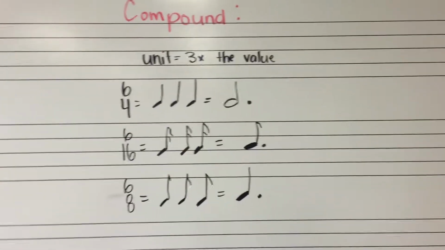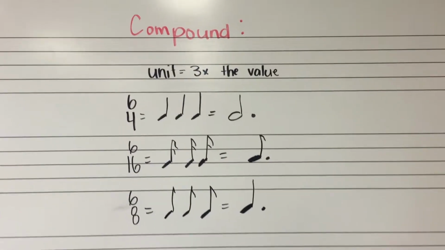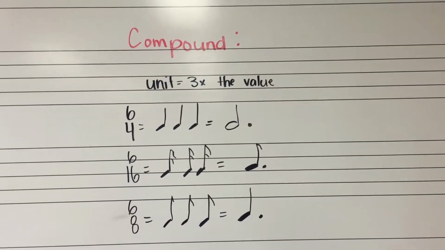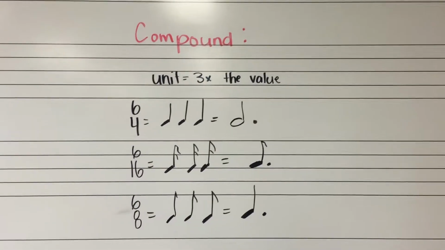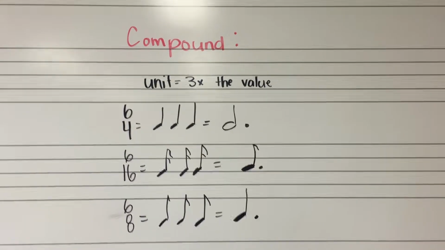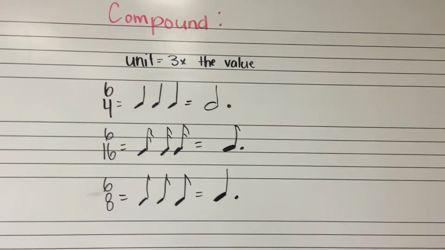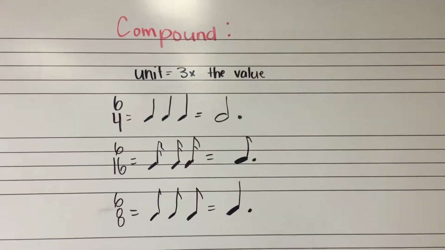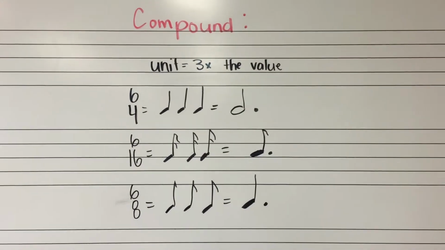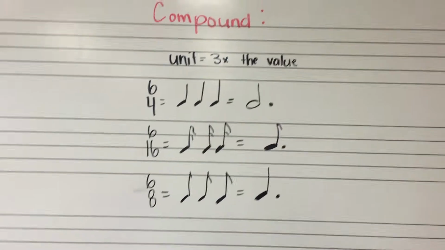So in the dotted half note, the dot is going to equal 1/2 the value. So half of a half note is a quarter note. Therefore, you have a half note plus a quarter note, which equals 3 beats. And you have 3 quarter notes as your beat unit.